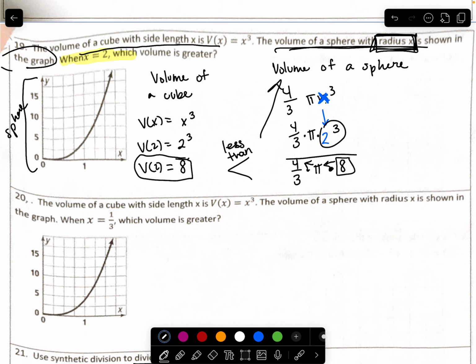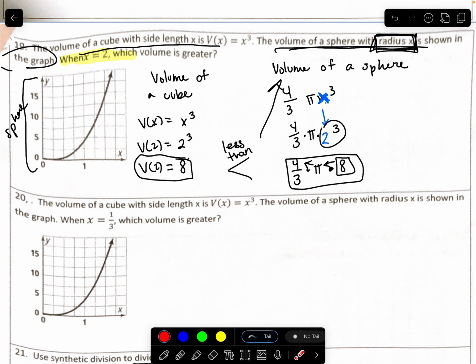If you multiply this together, just by logically looking at it, it's going to be greater than just 8. Of course, if this was 1/3, then you would have to figure out if it's true or not. But this is still greater than 1. So that is greater than the volume of a cube.